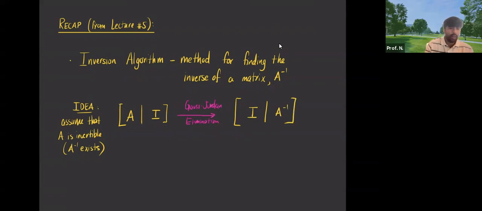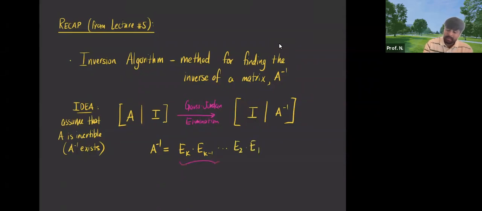And the idea along with this is that the inverse of A is a product of elementary matrices that are associated with elementary row operations.